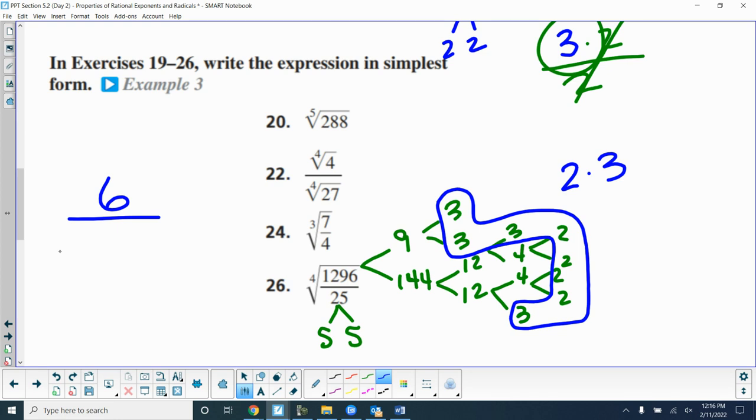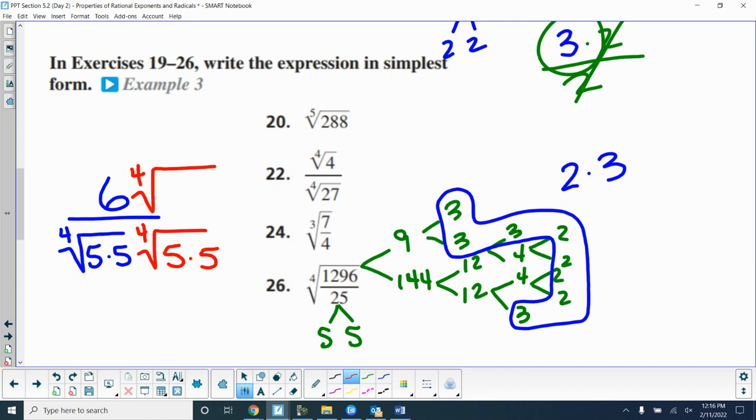The bottom is this. What do I need? 2 more 5s. Why? Because we want a total of 4 of them, right? We understand why I need 4 of them. Remember, we're not allowed to have radicals where?